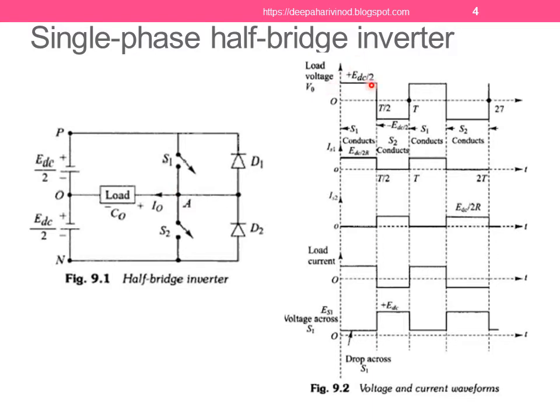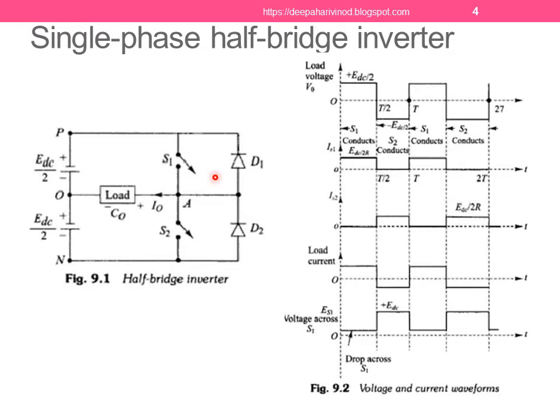This voltage will appear across the load. At T by 2, the gating signal is removed from S1 and it turns off.